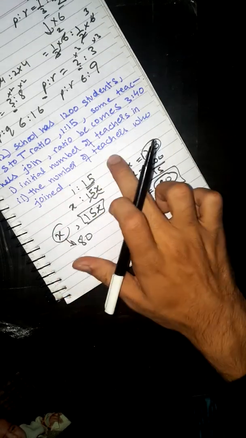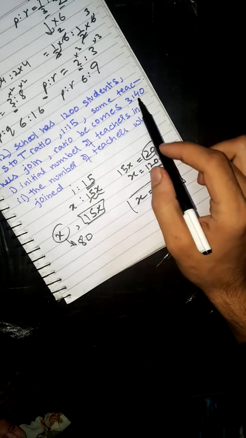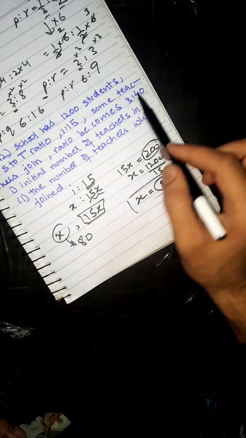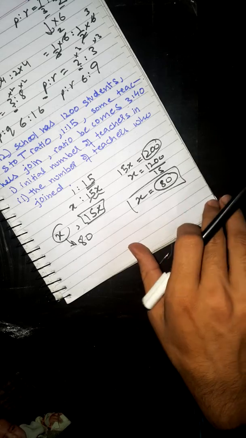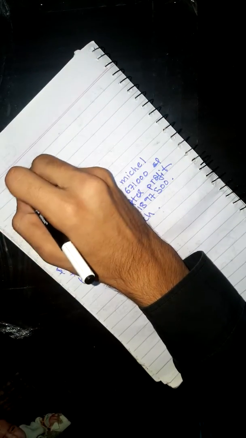The next part: after some time some teachers join and the ratio becomes 40 ratio 3. So for that we need to find the number of teachers who joined. The initial number of teachers we just found is 80. Let the number of teachers who joined be y.